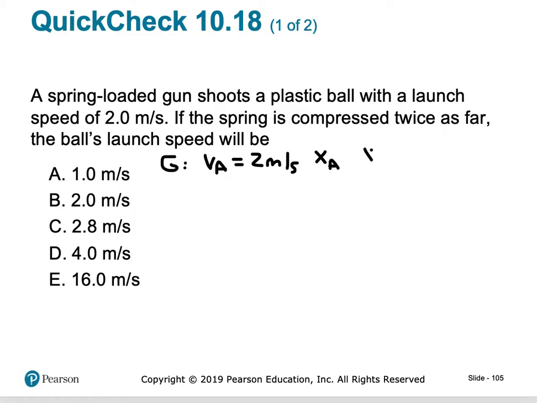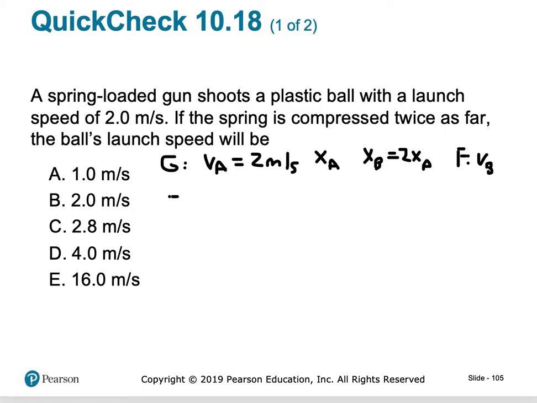And we're going to now compress it at XB, which is equal to twice XA. And we want to find the launch speed. So that would be VB.